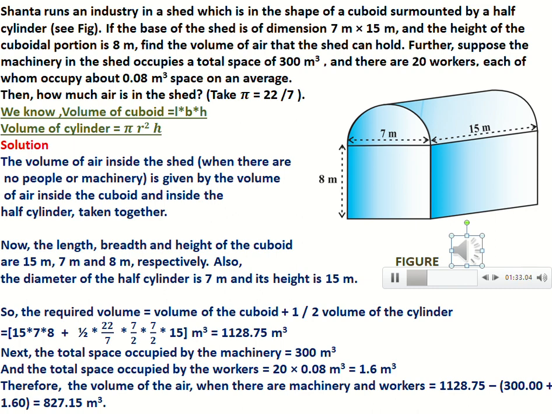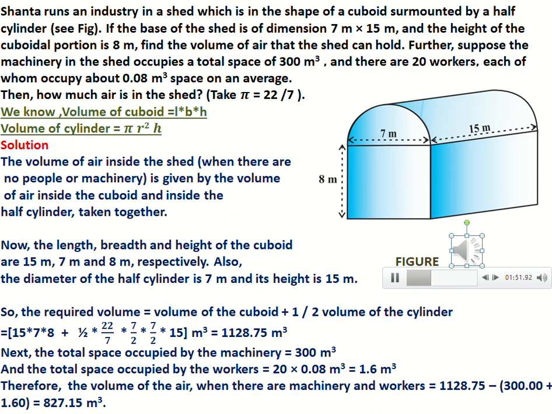The volume of the air inside the shed when there are no people or machinery is given by the volume of the air inside the cuboid and the half cylinder surmounted on it taken together.